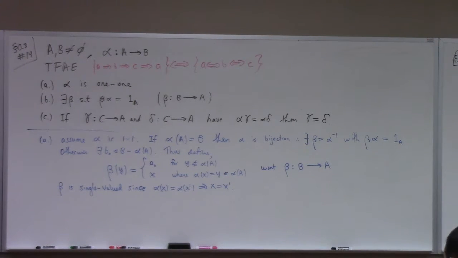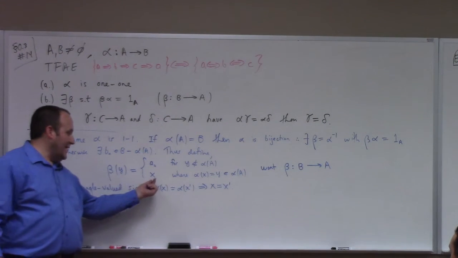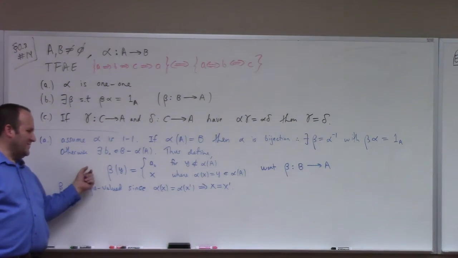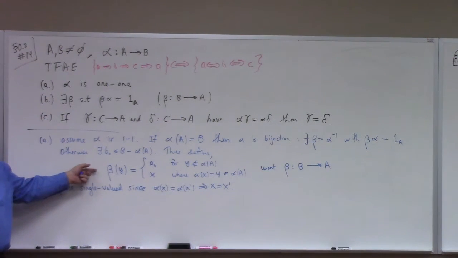There, now it makes sense. Sorry, I should define the function going to where it's supposed to go, namely A. Certainly, this is in the domain of alpha, which is in A. And you see that this function I'm constructing is still good, in fact, if alpha of A is equal to B. That case is still covered by this construction.